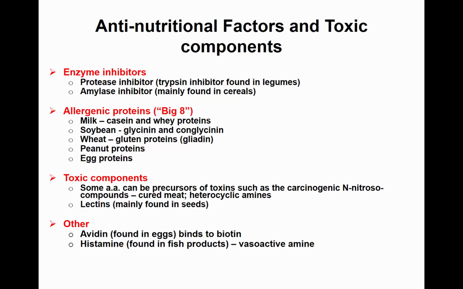But histamine is a vasoconstrictive amine. That means it can cause, again, kind of an asthma attack. That's why you hear take an antihistamine if you have an allergic reaction, because the body produces histamine upon another stimulant. Okay.